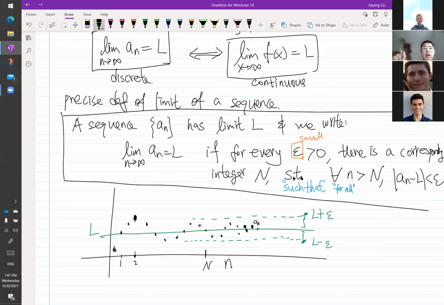If you pick a different epsilon, you're going to be able to find a different capital N, such that all the elements after that capital N will be between L plus epsilon and L minus epsilon for the new epsilon you pick. So that's the precise definition.